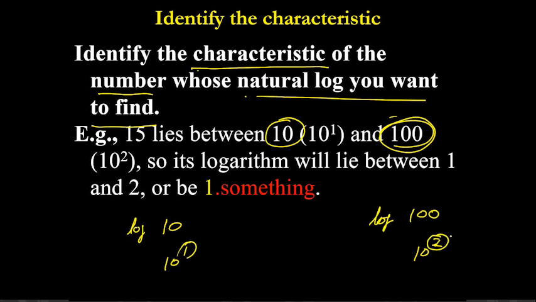It means anywhere in between, say log 12 or log 93, anywhere between 10 and 100, it will be somewhere between these two numbers, 1 and 2, because log 10 is equal to 1 and log 100 is equal to 2. So log of any number in between will be 1 point something.